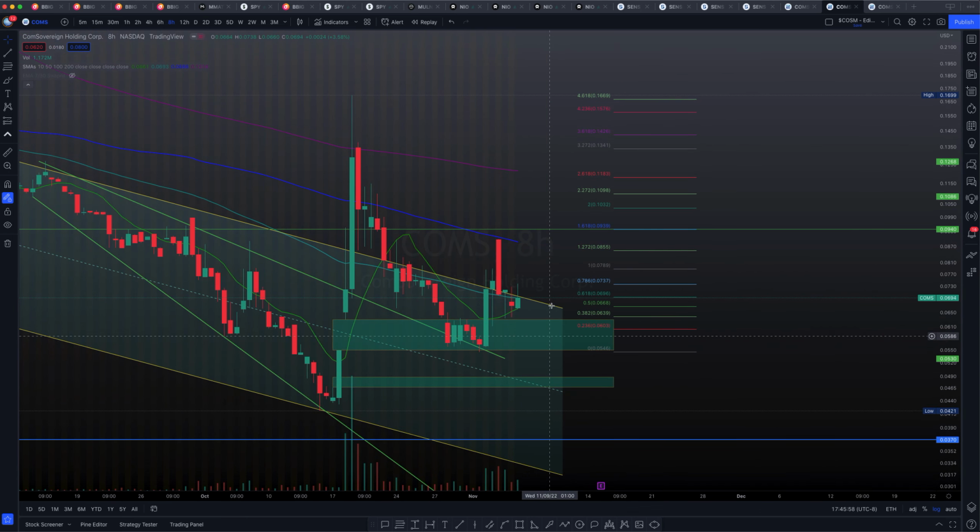Although we're looking bullish since we're right at the top of this area, we would need to clear the resistance of the channel and have, I would say, a minimum 4-hour, preferably 8-hour candle closure above this resistance right here, you guys, so that we can continue to the upside. So in other words, I am saying that we need a 4-hour minimum or 8-hour closure above 6 cents. I would say above 7 cents, you guys, in order for us to continue our move to the upside.